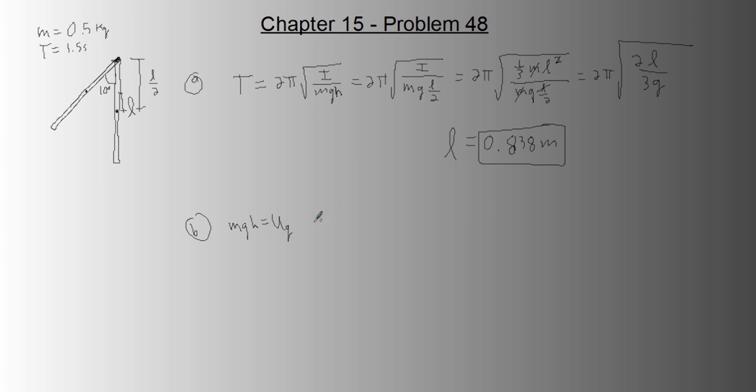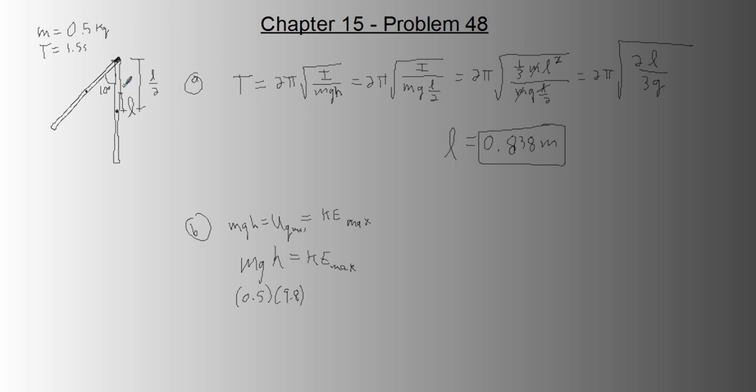And so UG equals KE. UG max equals KE max. And that's mgh equals KE max. So we know m is 0.5. We know g is 9.8.